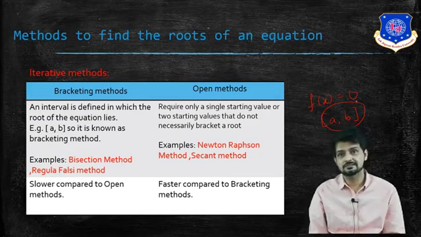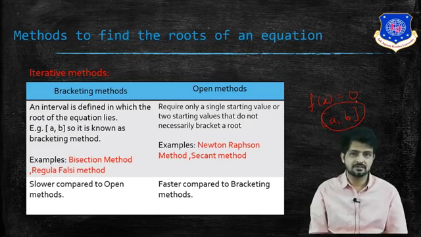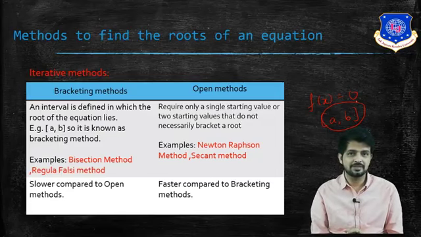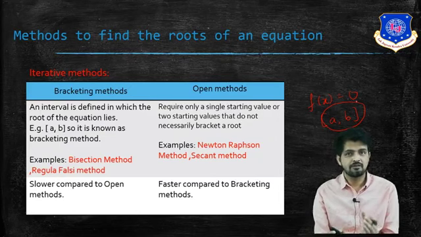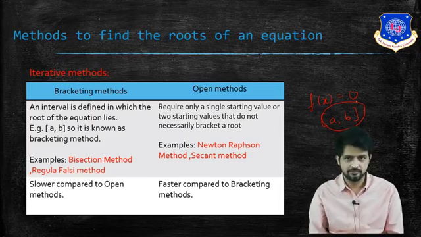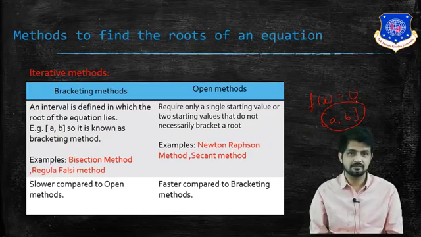Bracketing methods are slower compared to the open methods. Open methods are faster because we are not waiting for the bracket to minimize. What we are doing in the bracketing method is first of all defining the interval in which our root lies, then we have to reduce the size of the interval, and this is very time consuming. These types of methods will converge very late. Converge late means what?